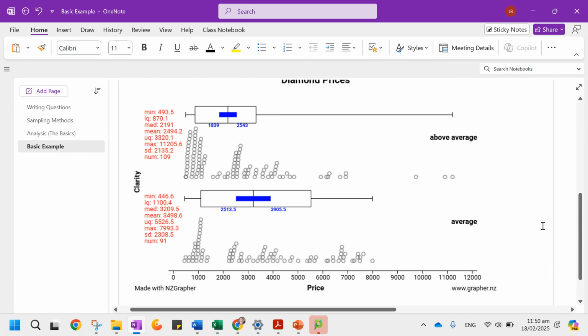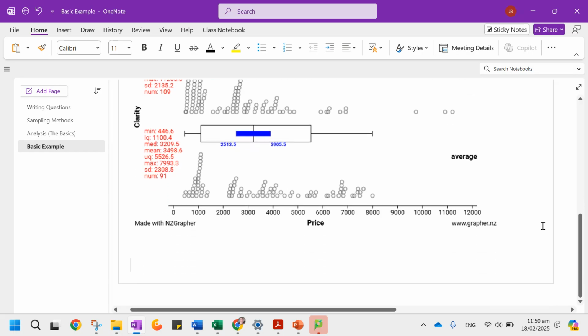Which one has a higher median? Average or above average? Average, okay?